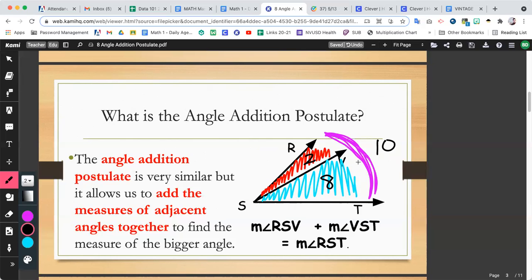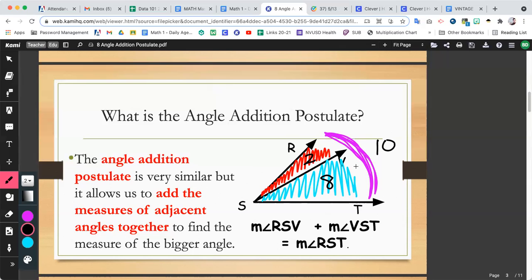So that's what we're going to be focusing on today. Now, again, a couple problems with just regular numbers, super simple, and then we're going to get into the variables. But just remember, no matter what the problem looks like, it's the same idea for every single problem. You add together the smaller pieces or the interior angles, and they add up to the whole angle itself.